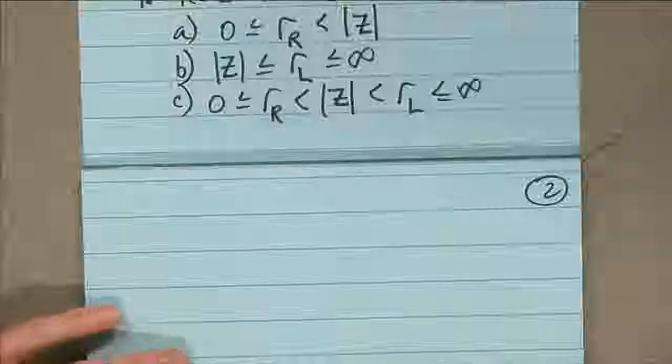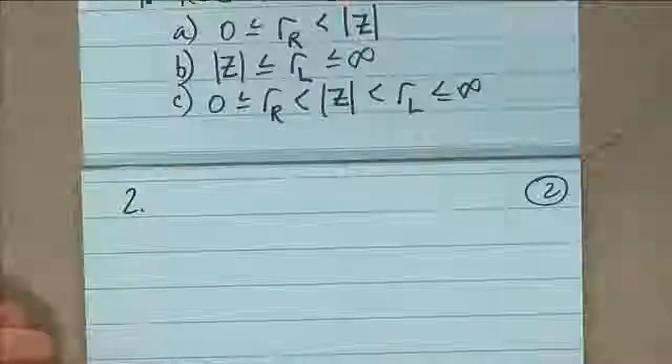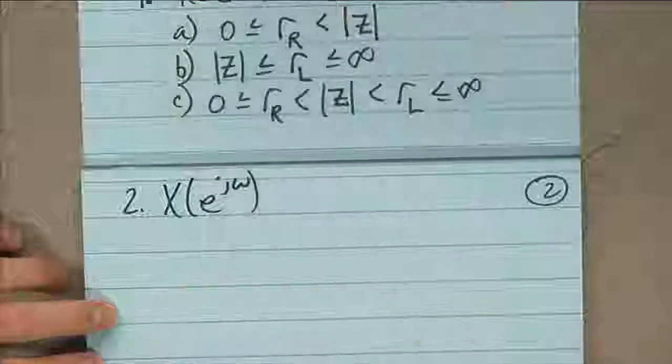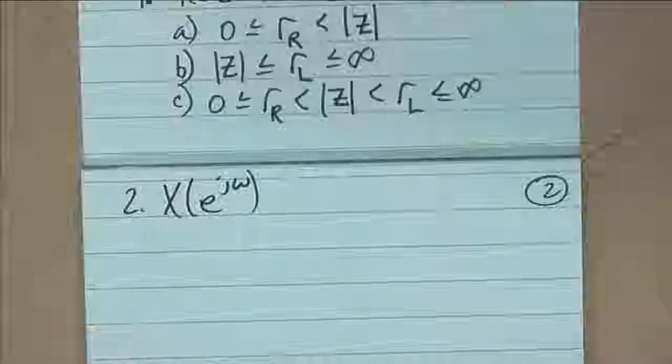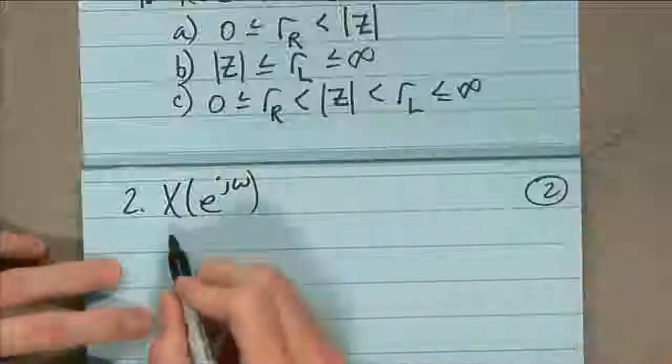So for our second property, we talked a lot last time about the Fourier transform, whether it existed, and how that related to the region of convergence. So remember that X of e to the j omega exists if the ROC included the unit circle, because that meant it was absolutely summable in that position, and so everything's fine.